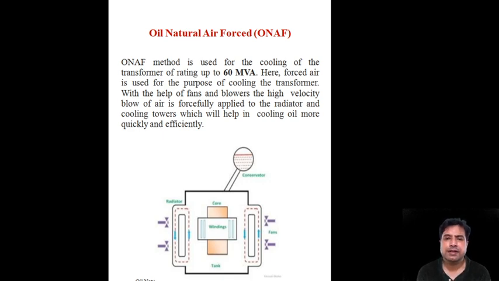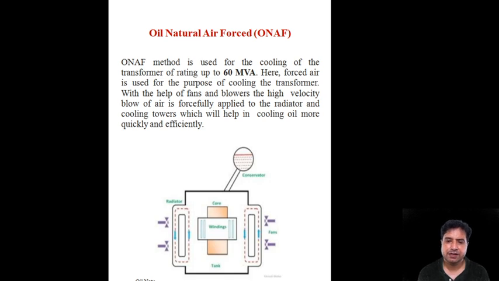Then oil natural, air forced cooling. As the name suggests, in this case blowers or fans are installed along the radiators, and instead of using natural air, we blow the air through fans, and that forced air is used to cool off the oil entering the radiator.